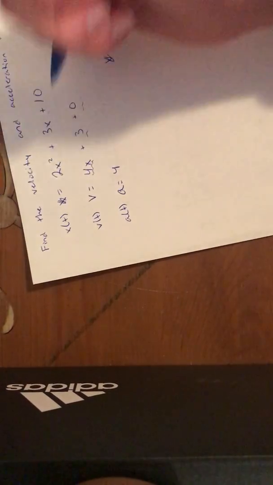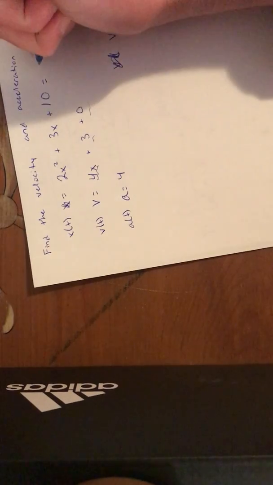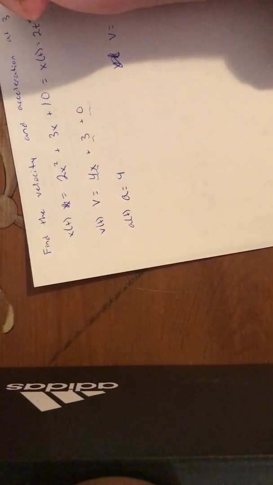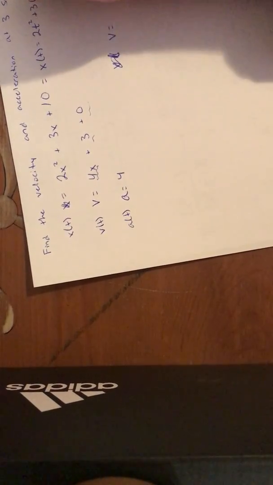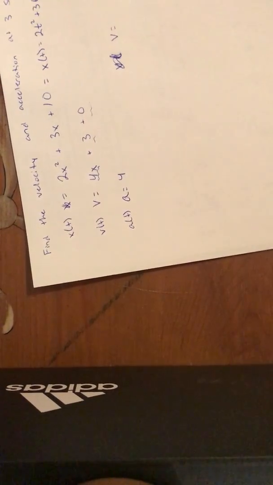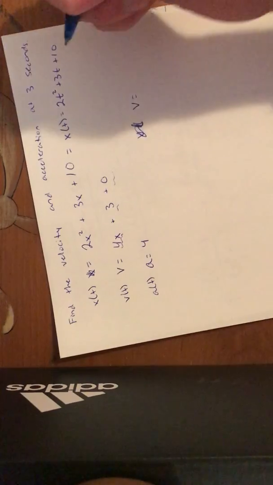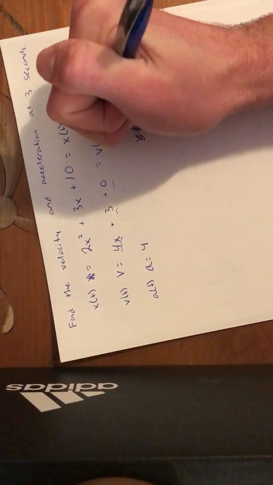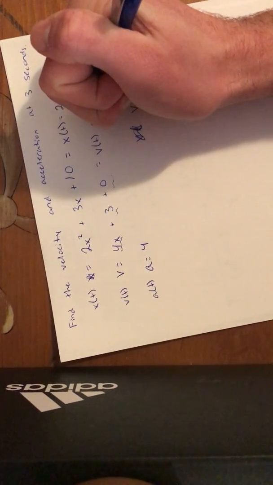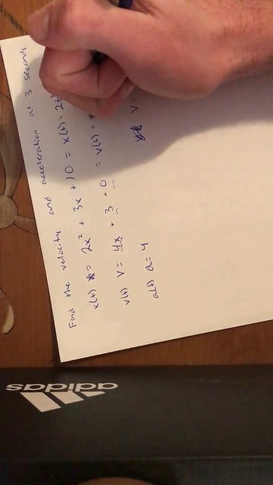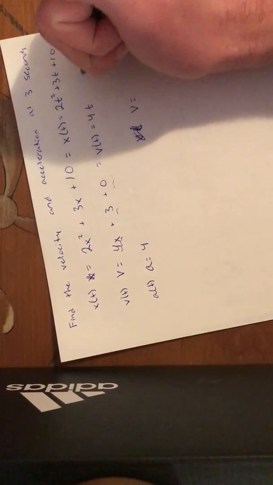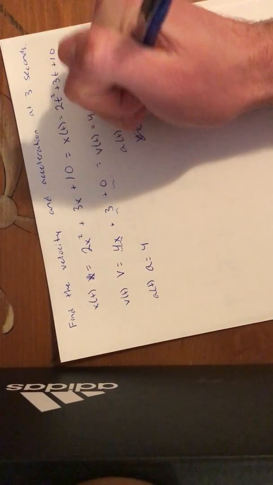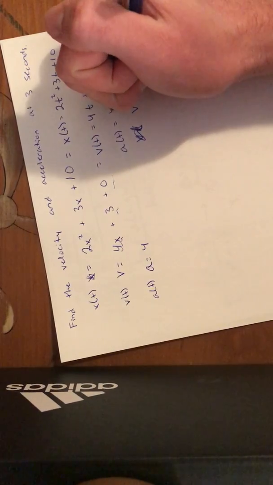So let's just make them t's, it'll be easier. 2t squared plus 3t plus 10. And then this would be 4t plus 3, then a of t would just be 4.